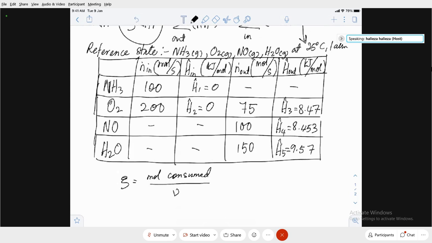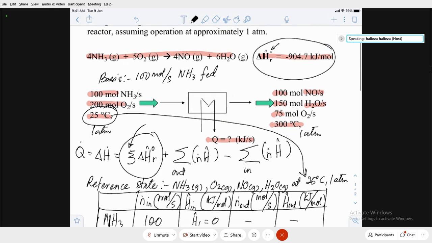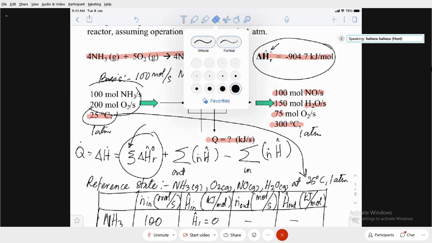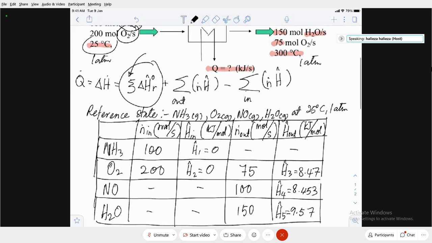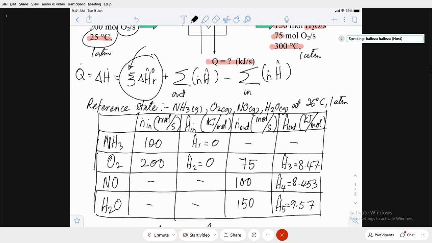So if we look at the reaction, you have two components here, ammonia and oxygen. Let me erase this properly. So you know from this table, your ammonia coming in is 100. There's no ammonia left in the product.